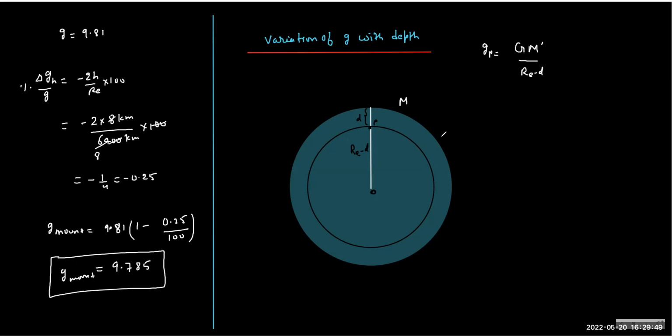The other way of thinking is Gauss law. That's the best. So gravitational flux, you can write as the integral of g dot dA, and at every point over here, the g will be towards the Earth's center like this, isn't it?